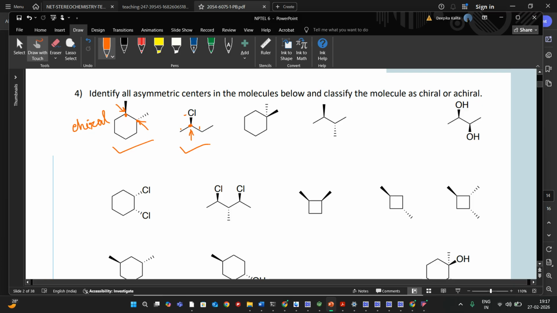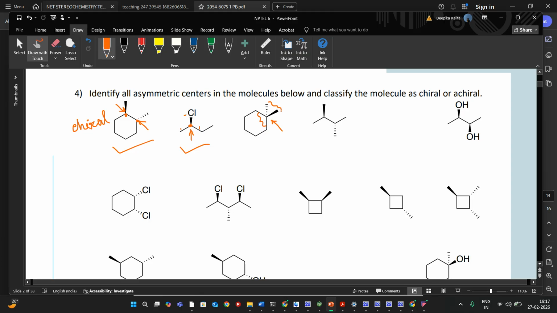Now we will go to the next molecule. In the next molecule, if you ask about the presence of an asymmetric center, at first glance, you may think that this carbon atom, which is present here, can be asymmetric. But no, if you look closely, these two linkers are the same, as well as these two methyl groups are also the same.